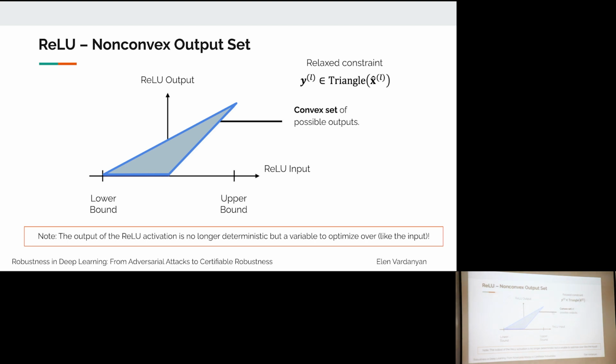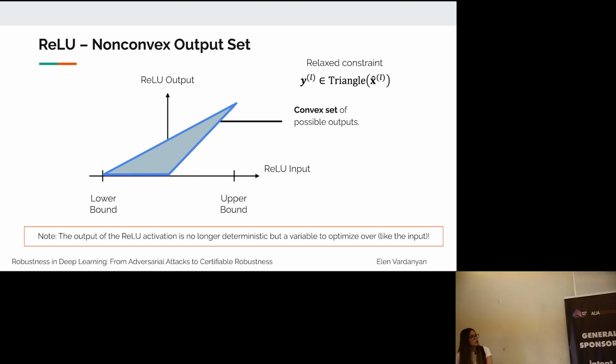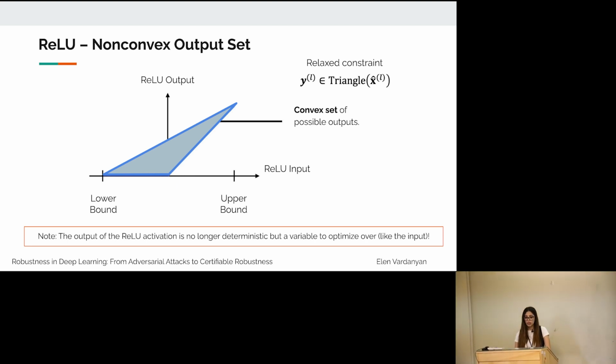We should note that the output of the ReLU activation function is no longer deterministic. So we have x, and in this case, we won't be sure where the x is and where the y is. So that would be another variable that we will need to optimize over, just similar to the input.